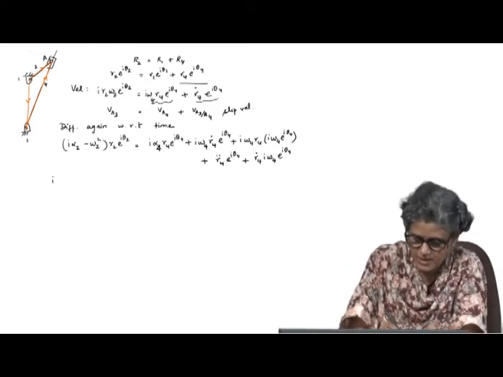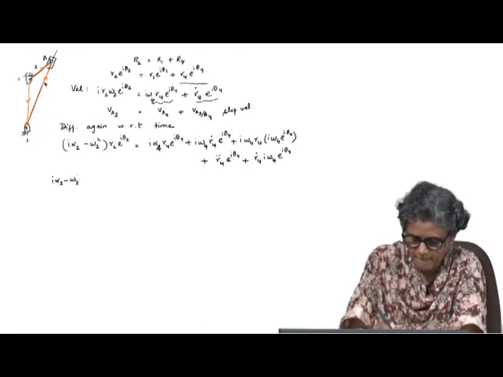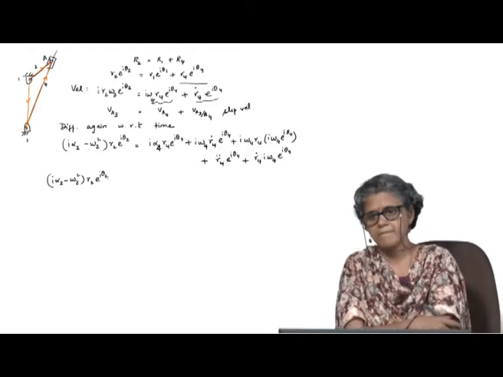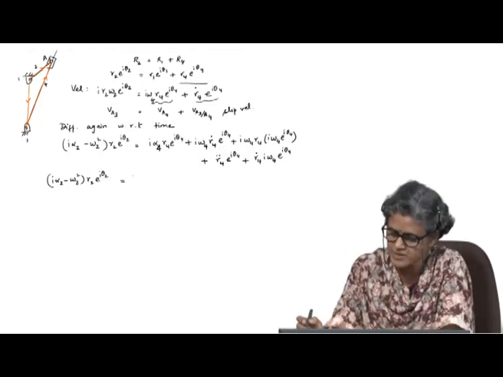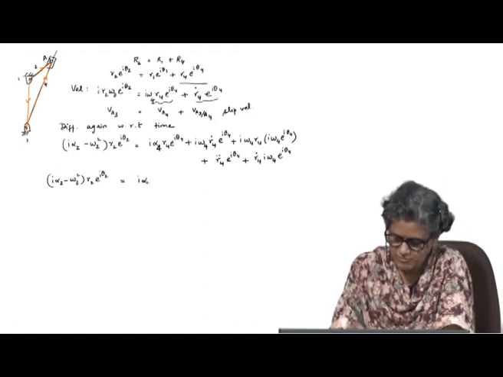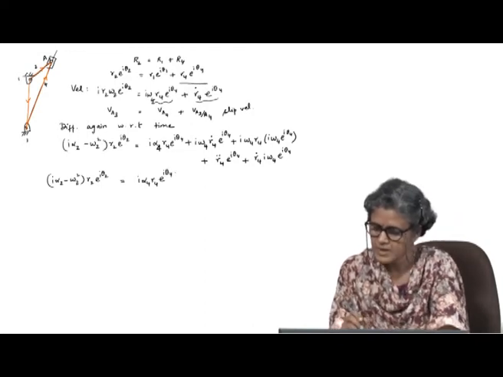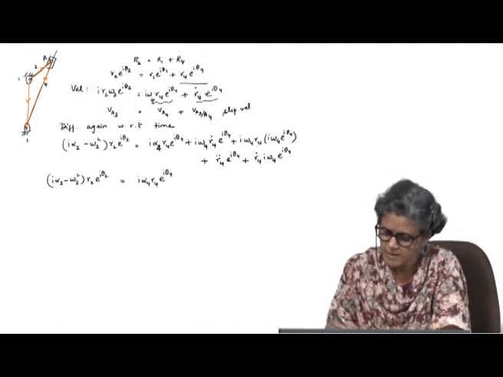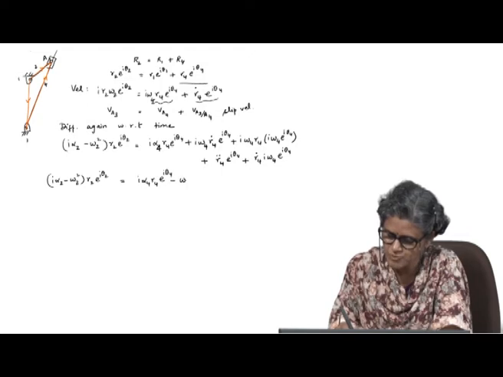This is i alpha 2 is equal to, now if I group the terms, I will get i alpha 4 R4 e power i theta 4, and then I also get a minus omega 4 square R4 e power i theta 4.